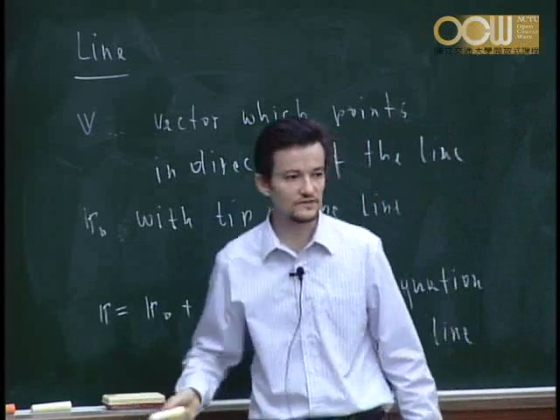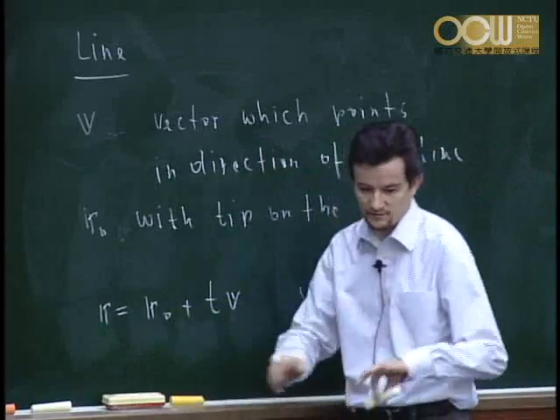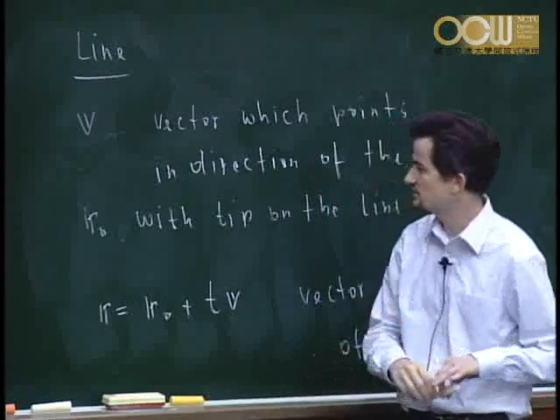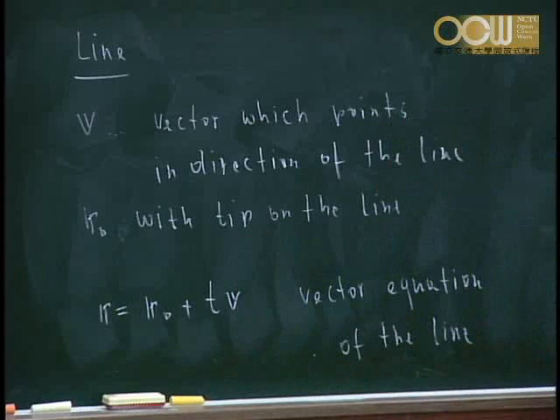The way you describe the line here is as a set of vectors, and the tips of those vectors trace out the line. So this is what you called in high school the vector equation of the line.